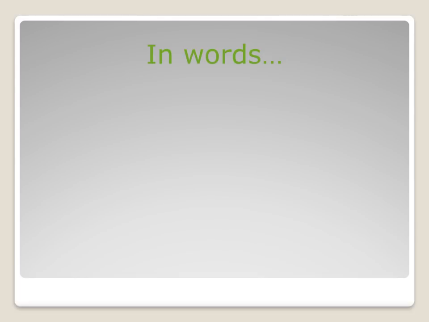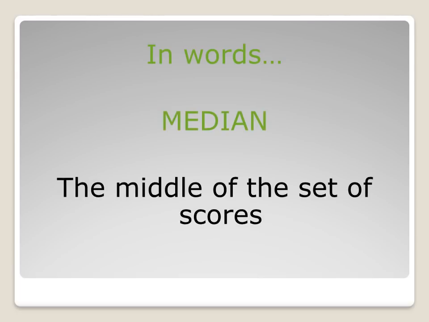So now let's talk about another measure of central tendency known as the median. The median, in words, can be described as the middle of a set of scores. So this is the point at which one half of the scores fall above and the other half fall below.